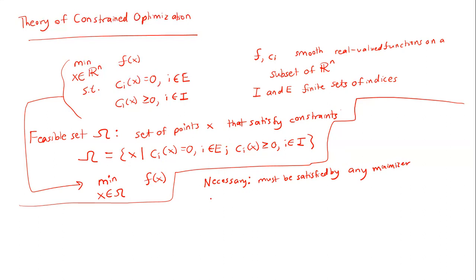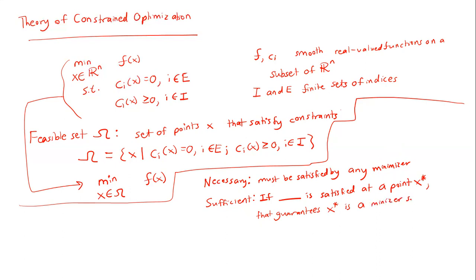Under some conditions. And then the sufficient conditions will be the ones where we say, okay, if these things are satisfied, these are enough to guarantee that something is a solution. So these say that if such and such is satisfied at a point x star, that guarantees x star is a minimizer subject to the constraints.